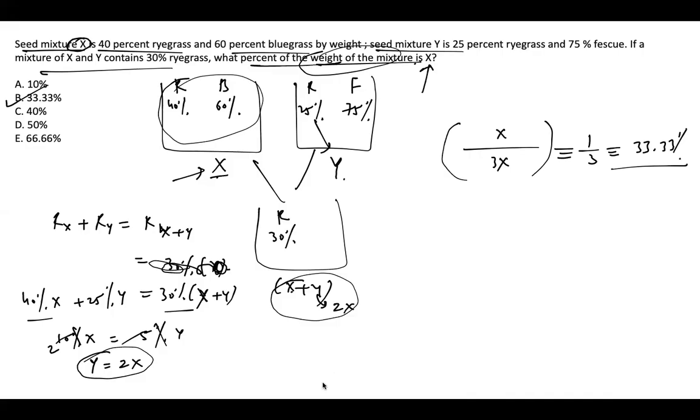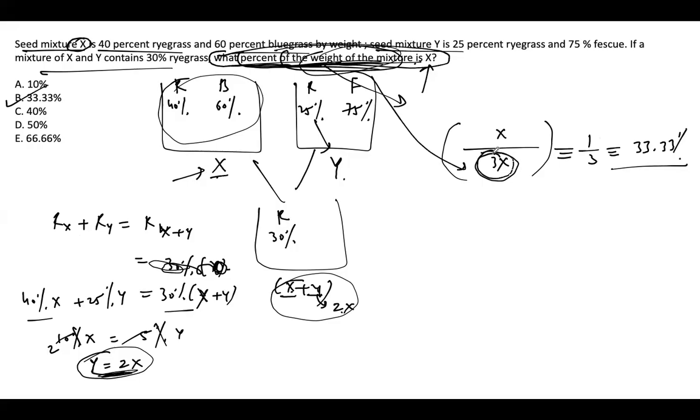No, the total mixture is 3X. What does it mean? Tell me, what does it mean? What percentage of the weight of the mixture? What is coming in the denominator? 3X, the weight of the mixture, which is X plus Y. Y is 2X, as we have calculated.